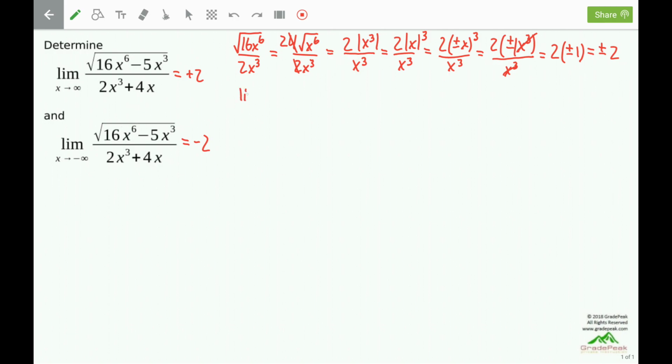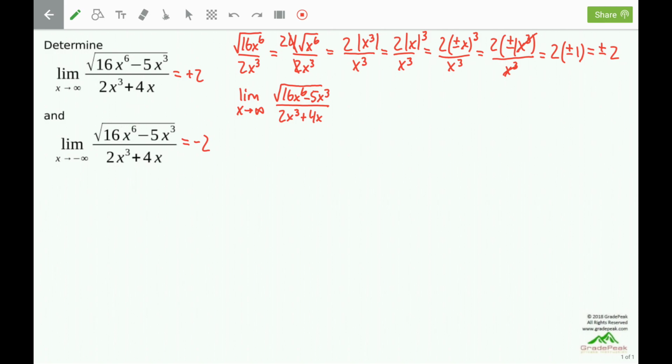Now to show that this is the case, starting with the limit as x approaches positive infinity of the square root of 16x to the 6 minus 5x cubed divided by 2x cubed plus 4x. The first thing to do is try plugging positive infinity in for each of the x's.